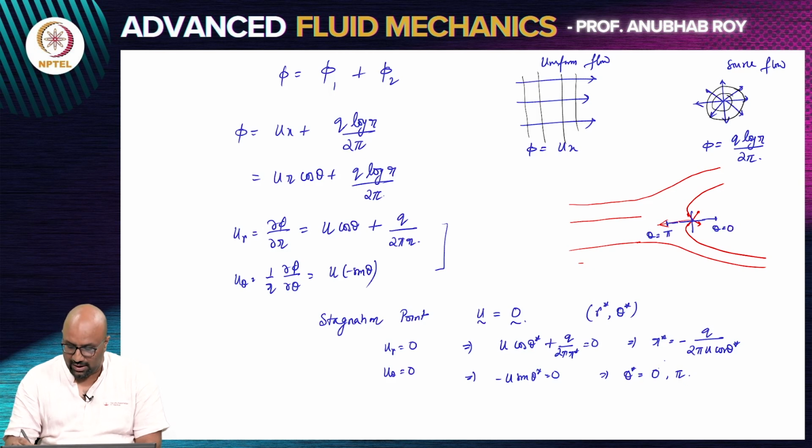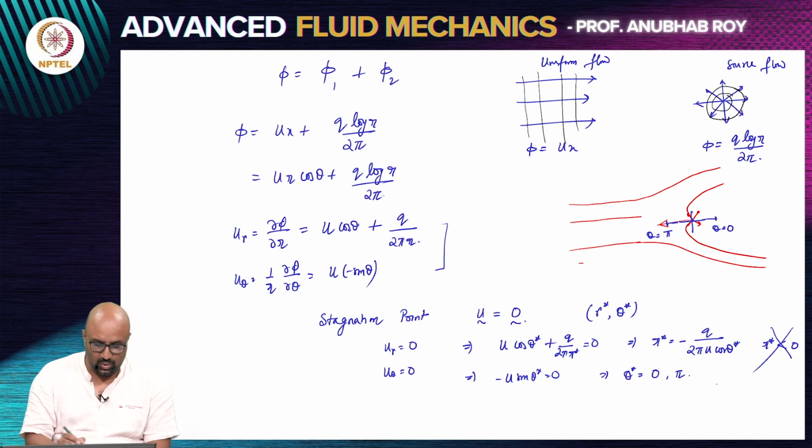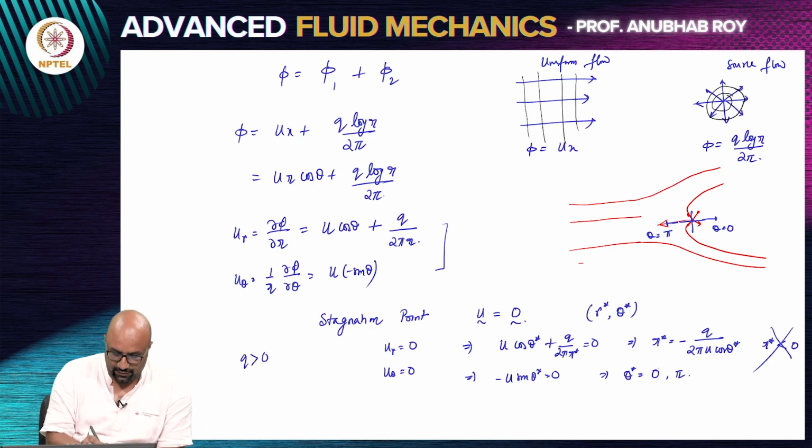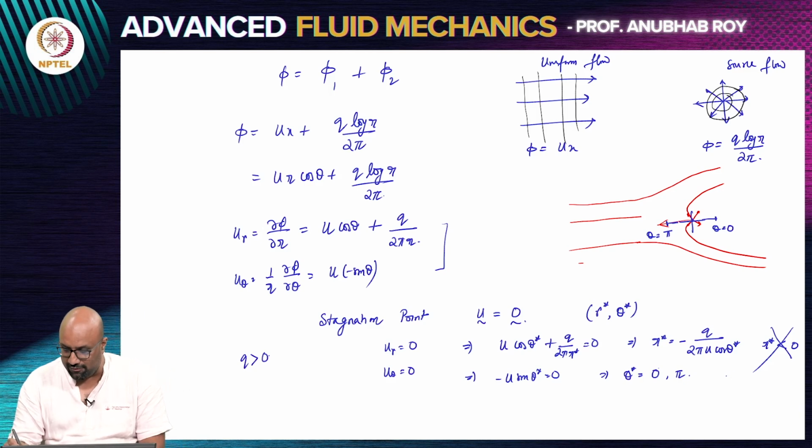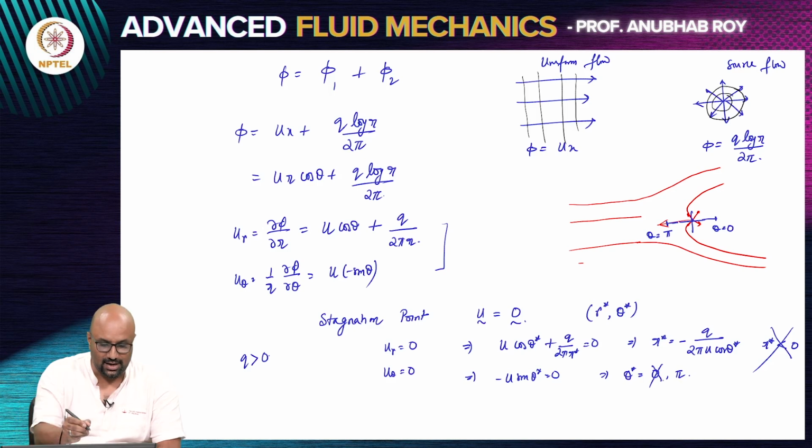Now, if I choose theta equals 0, r star is negative, because cosine of 0 is plus 1. So r star becomes minus q by 2 pi u, and q is positive, it is a source. So this is invalid. If you are doing a source flow with q positive, then you have to have theta star equals pi as your stagnation point.